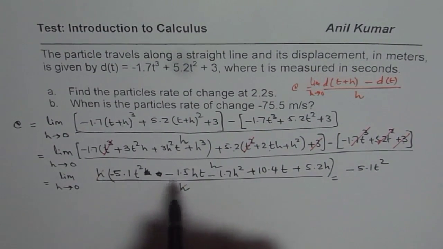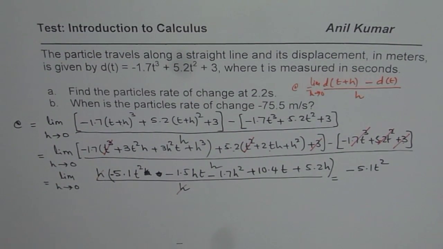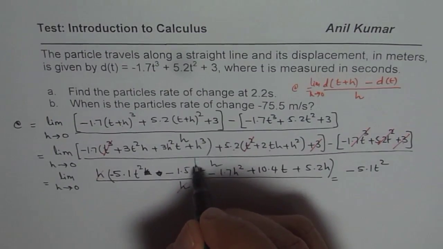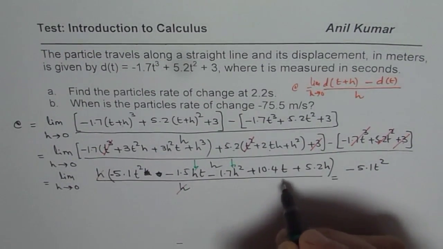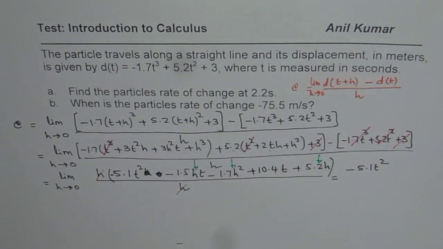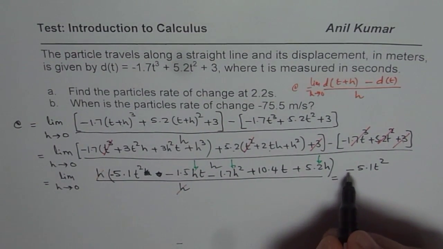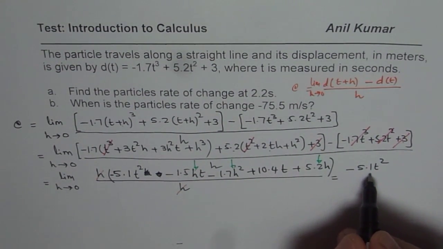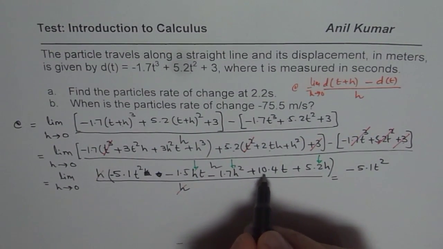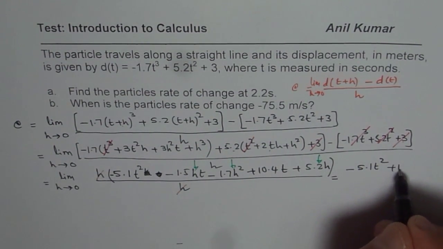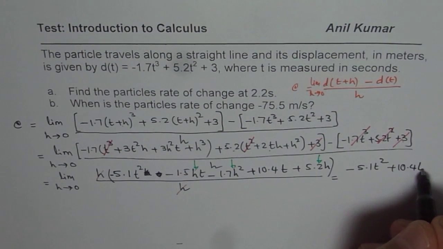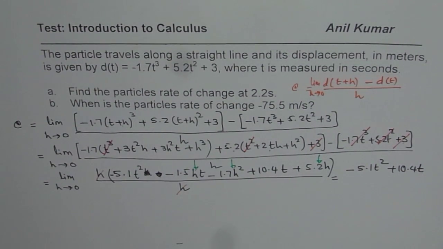That's the first term. This term becomes 0. You can see, because if I substitute h 0, this will be 0, this will be 0, and this will be 0, right? So I'm left with the two terms, which is minus 5.1 t square plus 10.4 t.